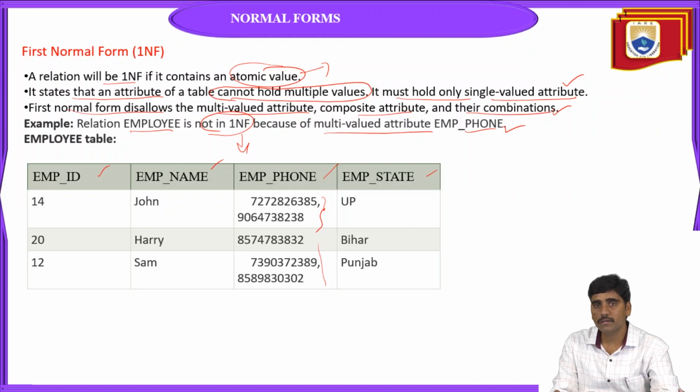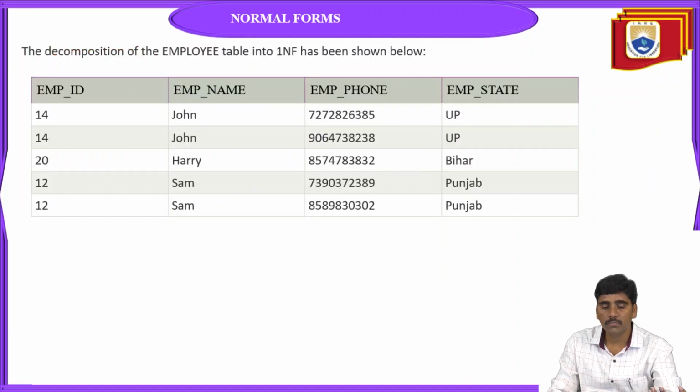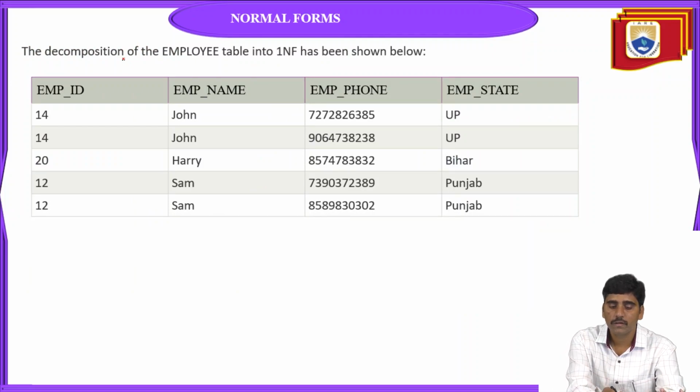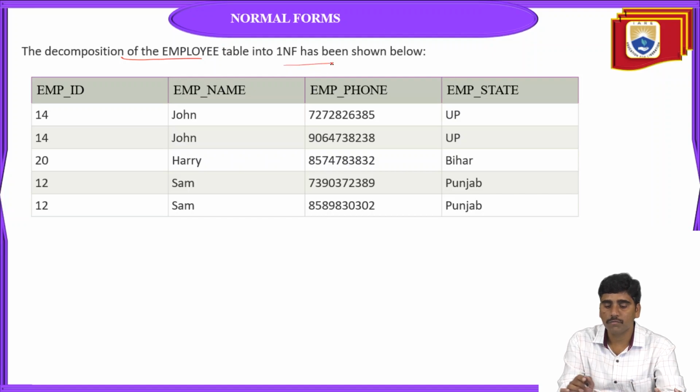To eliminate that and make it atomic values, we need to decompose the table. We need to perform decomposition of the employee table into first normal form. So how is it decomposed? We keep the same columns: employee ID, employee name, employee phone, employee state.